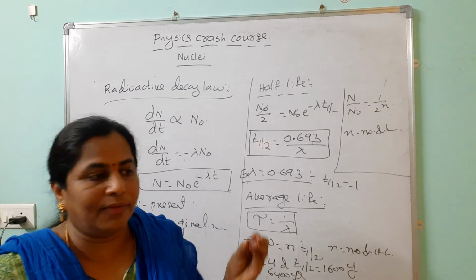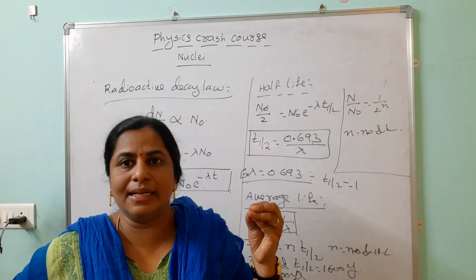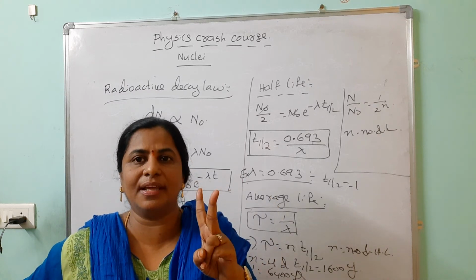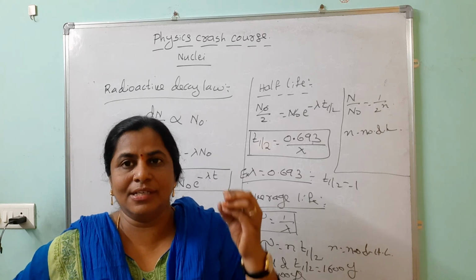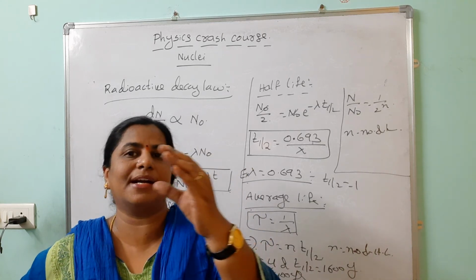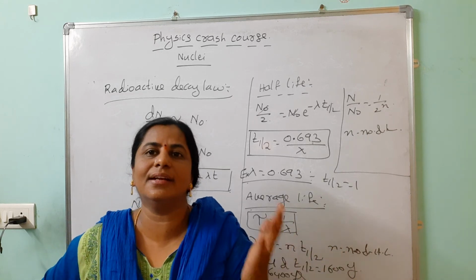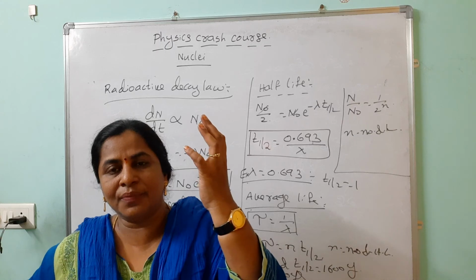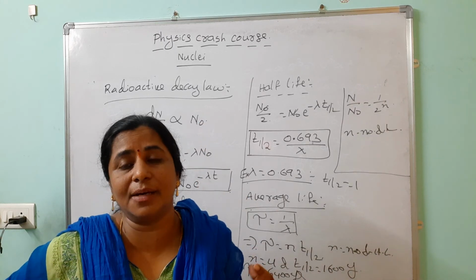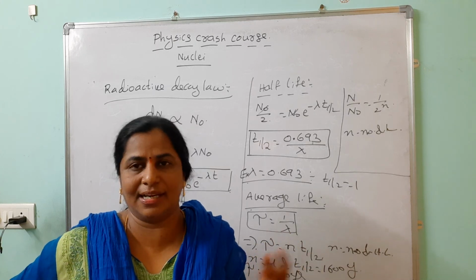When a slowly moving neutron bombards uranium, it gives two stable nuclei along with 3 neutrons and 200 million electron volts of energy. These 3 neutrons participate in 3 nuclei, giving 9 neutrons. Then 9 becomes 27, 27 becomes 81. Like a geometrical progression, this releasing of neutrons is called the chain reaction.